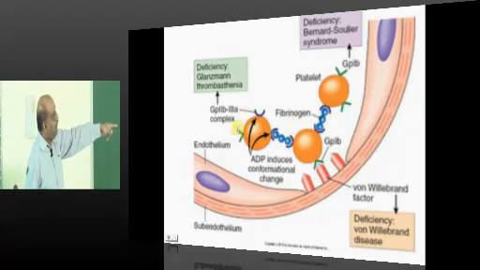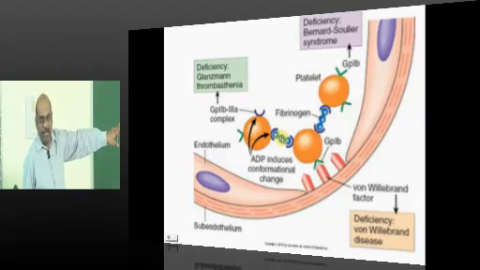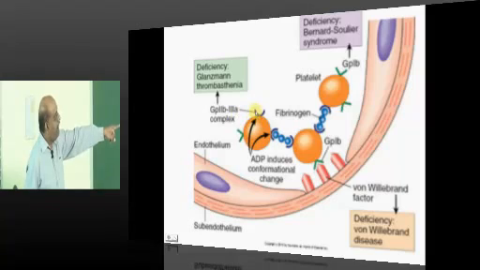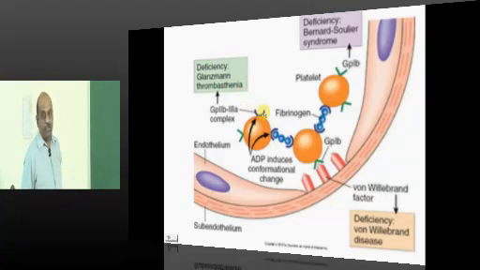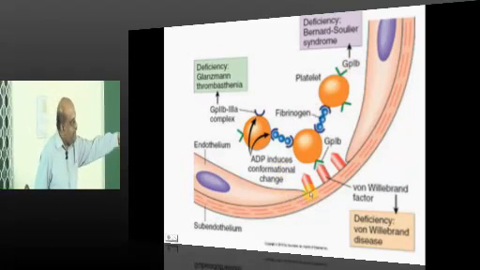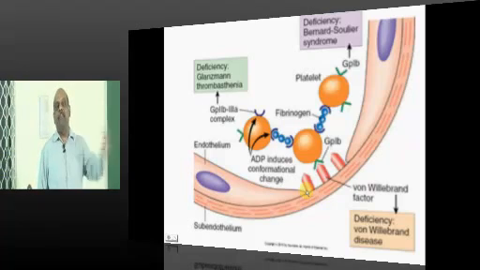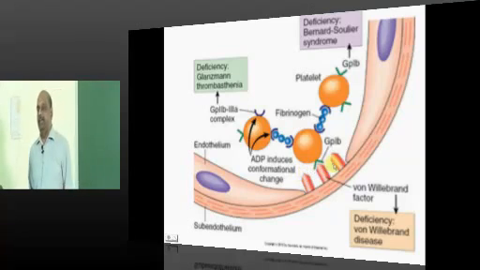Then one platelet to another platelet, there will be adherence with fibrinogen, and for that you require GP2B3A as a receptor. Glanzmann's is the deficiency of this GP2B3A, Bernard-Soulier is the deficiency of GP1B, and von Willebrand is the deficiency of the von Willebrand factor. If you know this, you know everything.